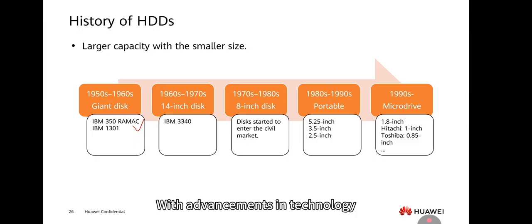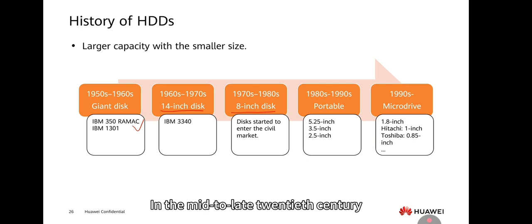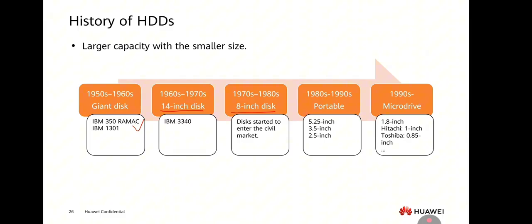With advancements in technology, the size and the weight of disks have been continuously decreasing. IBM's products gradually downsized from 14 inches to 8 inches, marking the official entry of HDDs into the civilian market. In the mid to late 20th century, the storage density of hard disk platters was growing at an astonishing rate, doubling 1 to 2 times every year.